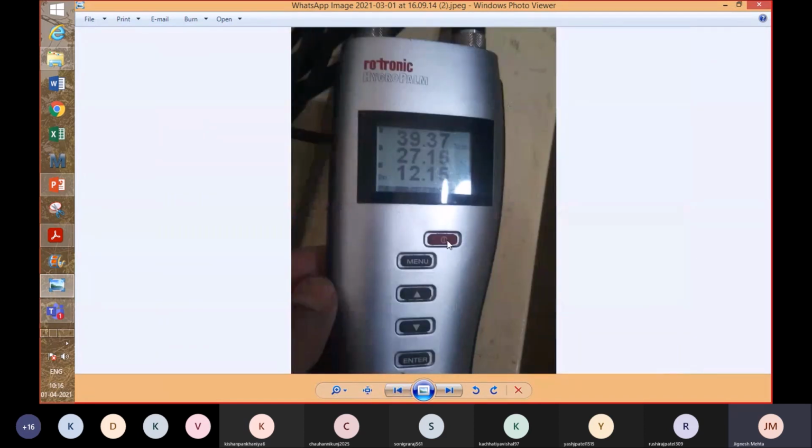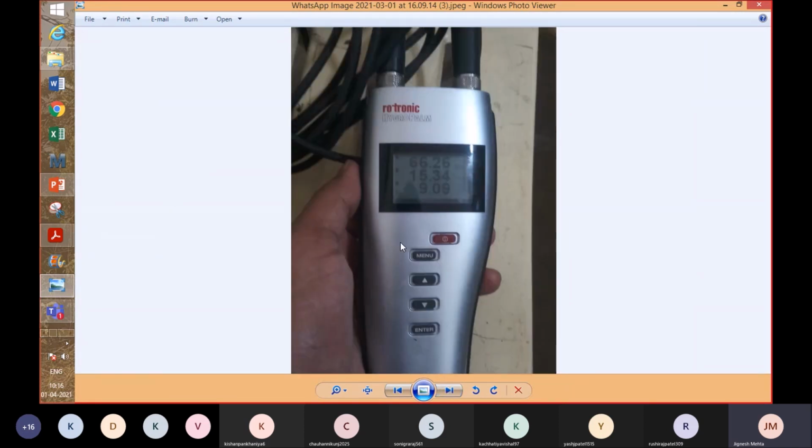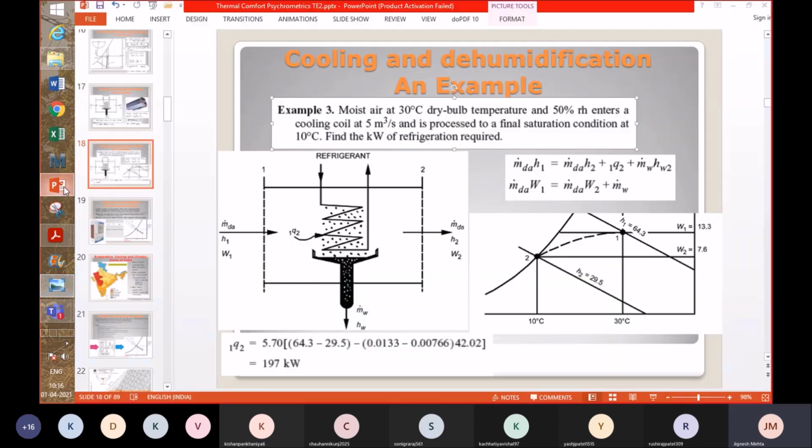Now here also you could see that the dew point temperature at the inlet condition is higher and the dew point temperature at the outlet condition was lower. It means that moisture has been removed. So something similar is happening here. Conditions are a bit different. It is a bit higher temperature, 30 degrees Celsius and 50% RH.